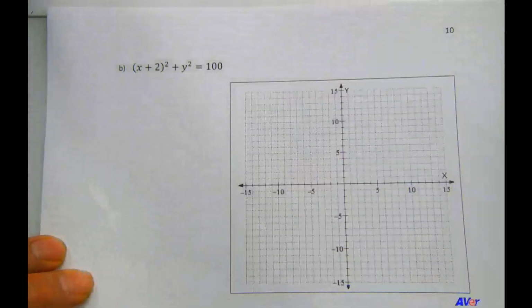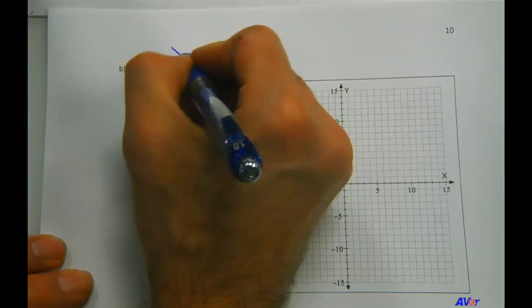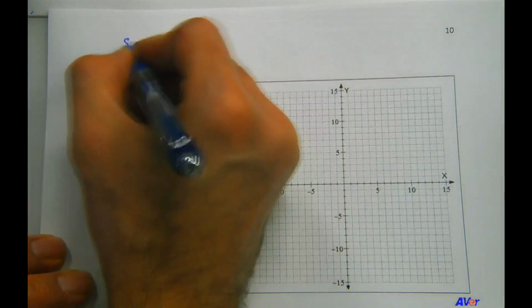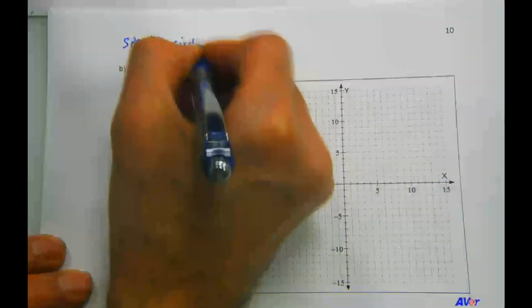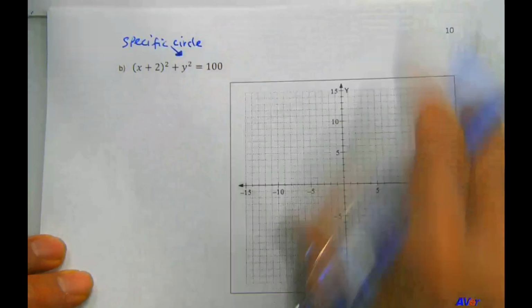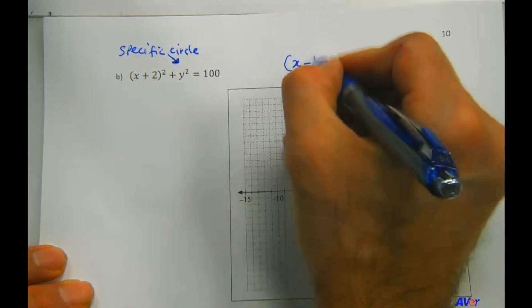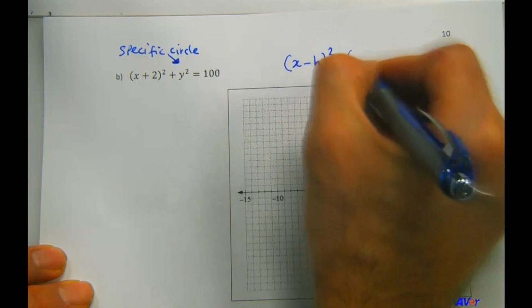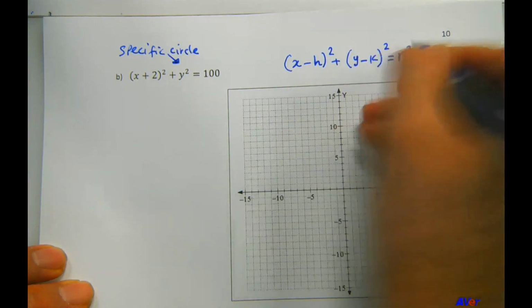So the first thing I'm going to do is write down, this is again a specific circle. Let me write down the equation of any circle. Right?